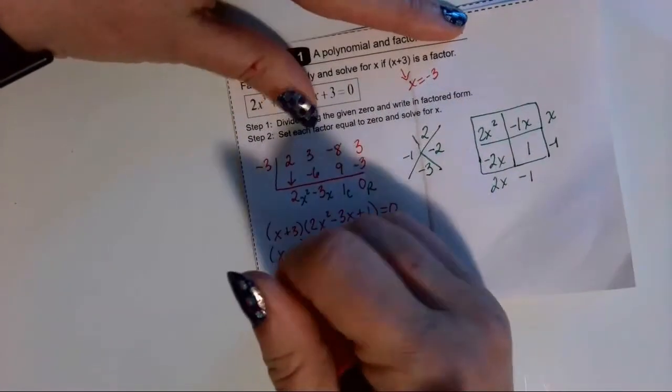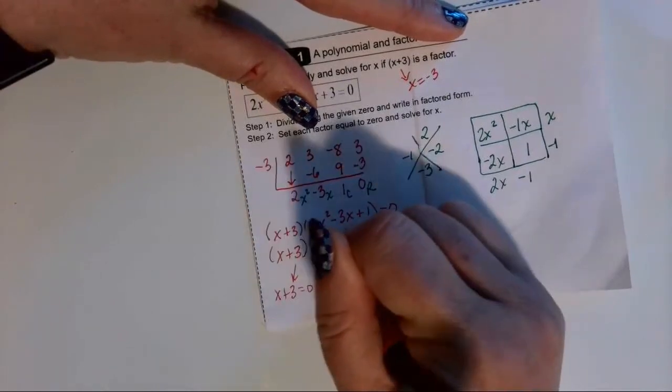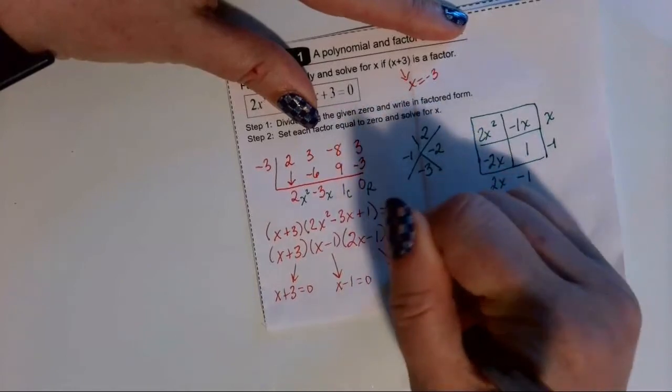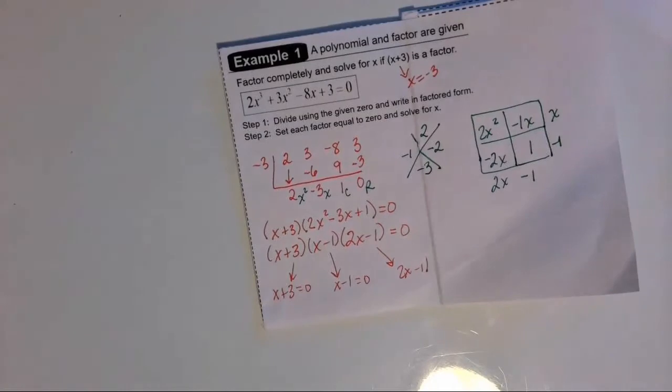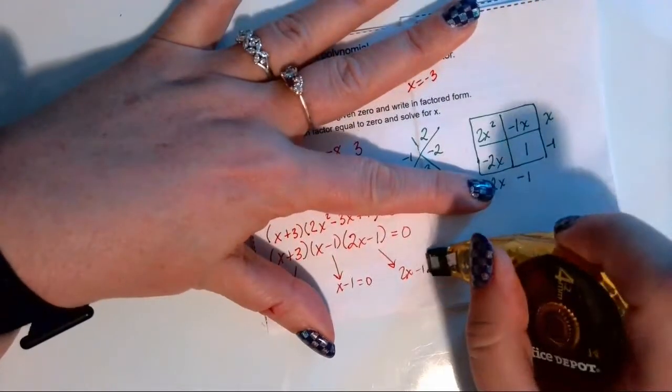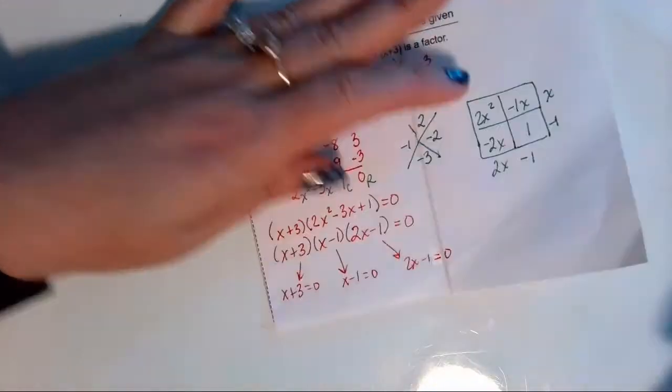So x plus 3 equals 0, x minus 1 equals 0, and 2x minus 1 equals 0.